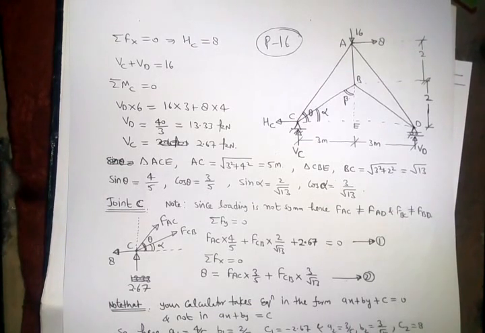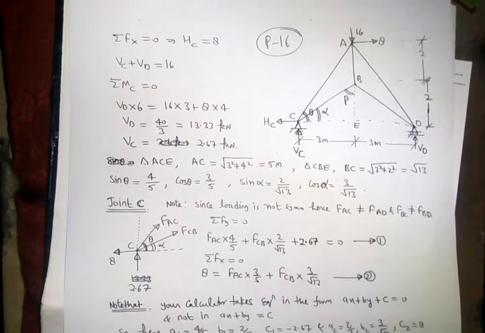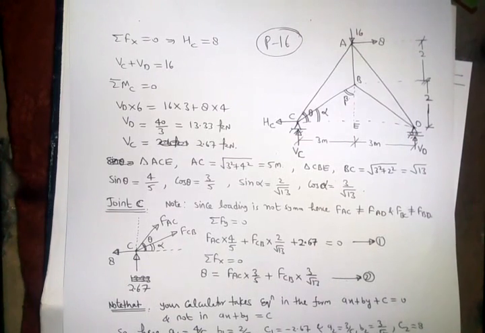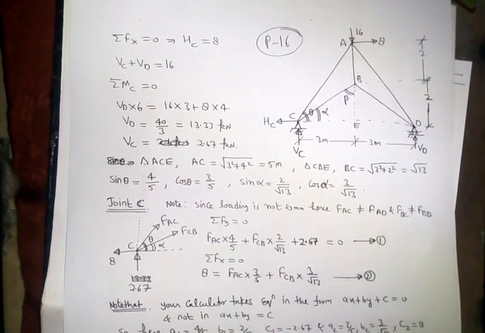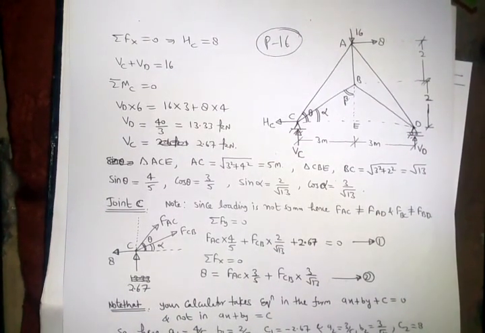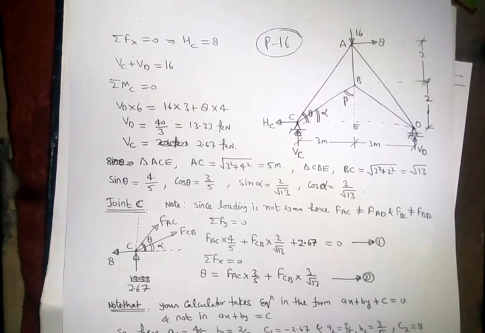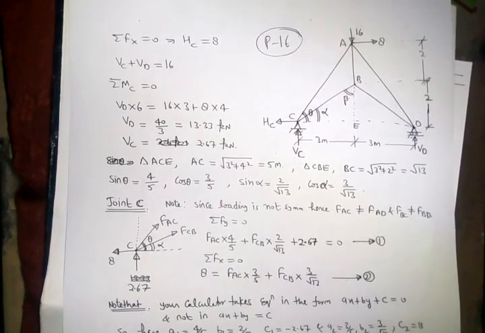We can calculate using triangles AEC and BCE. What is tan alpha and tan theta? We can, but we will use only sin alpha, cos alpha or sin theta, cos theta. So we calculate sin alpha, sin theta, cos alpha, cos theta.